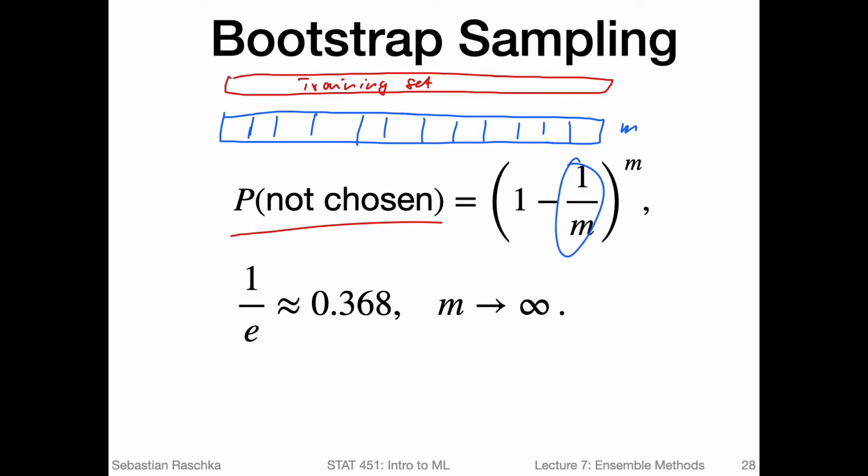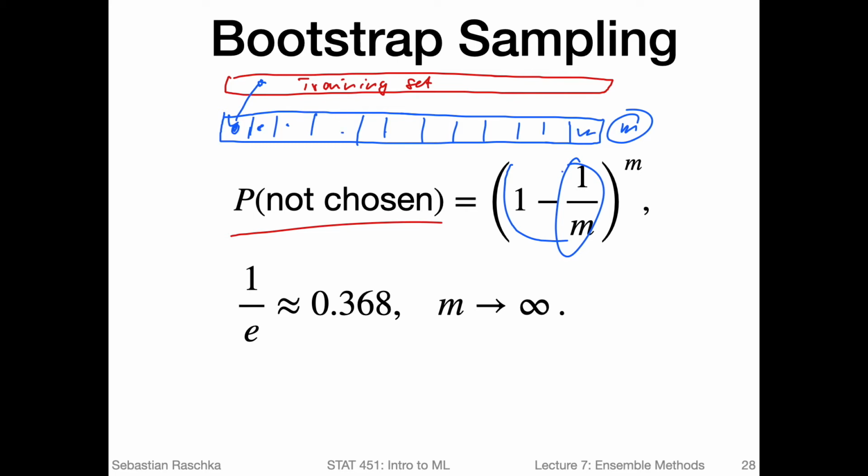So you have this term 1 over m here, and then the probability of not choosing a data point for this position from the training set is 1 minus 1 over m, right? So 1 minus 1 over m is the probability of not choosing one particular data point for this position in the bootstrap sample. But we choose m times, so 1, 2, 3, 4, 5, until m.